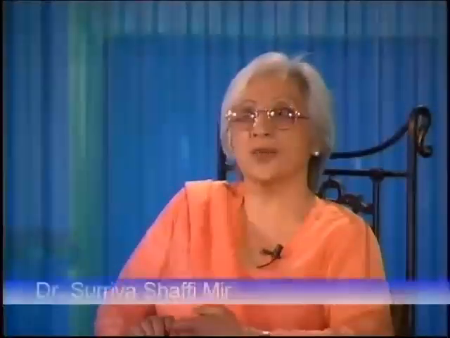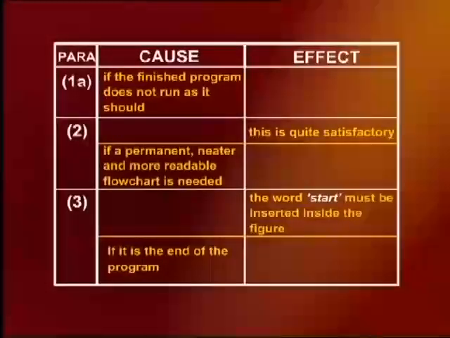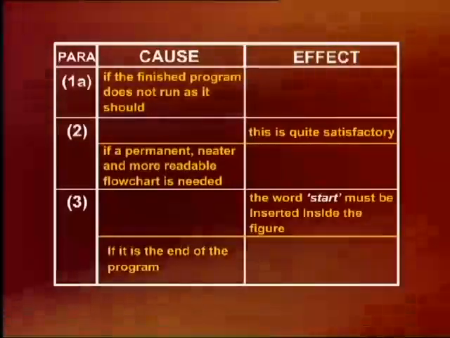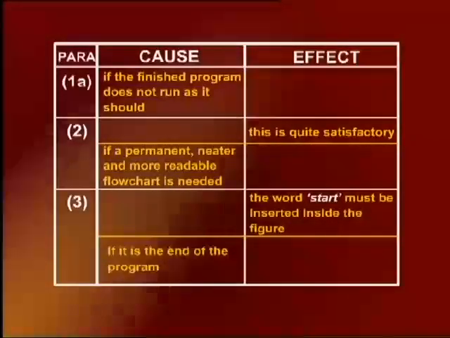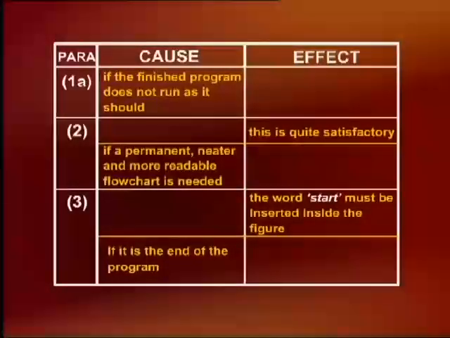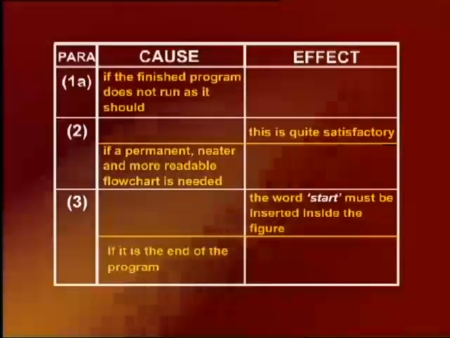The next exercise is a focus on language functions. Read the text on flow charting and complete the table that you have before you. It has two columns. One is marked cause and the other is marked effect. Now, there is something given in paragraph 1.